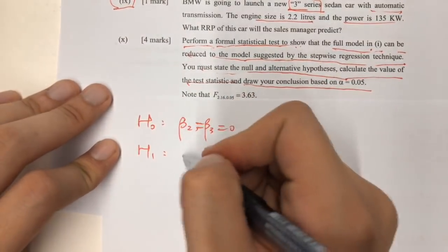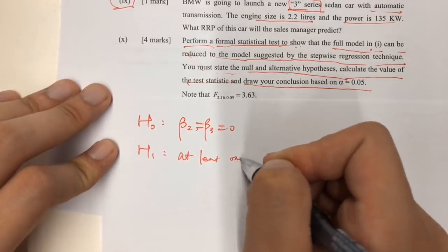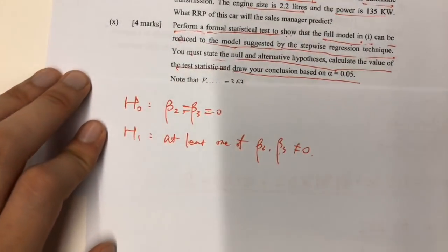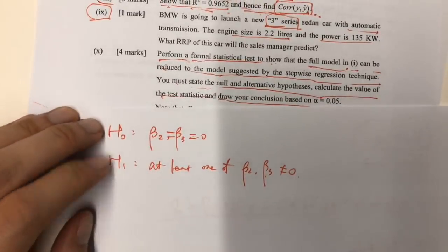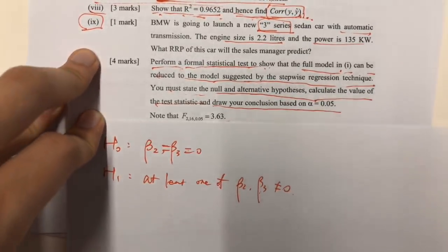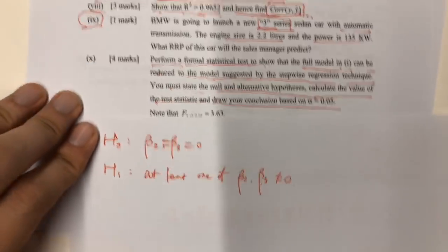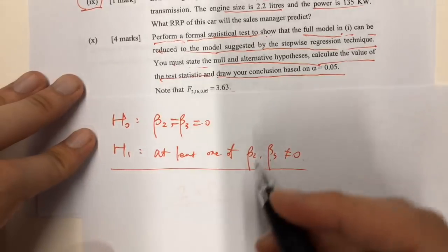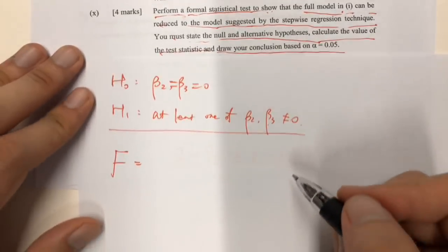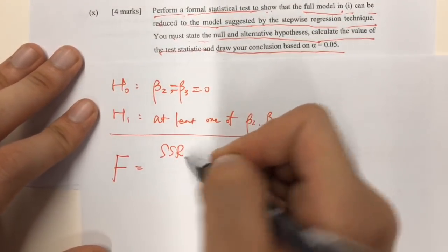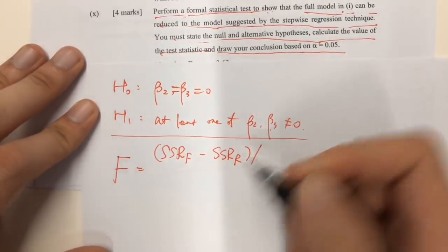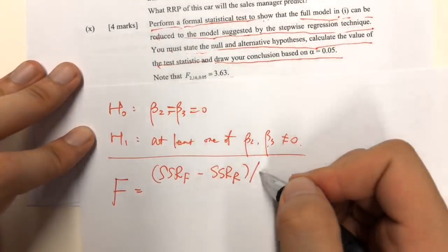And the alternative should be that at least 1 of beta 2 and beta 3 is not equal to 0, okay? So this is the null hypothesis and alternative hypothesis of the partial F test. And the test statistic, as we discussed just now, is actually what? SSR of the full model minus SSR of the reduced model, divided by the number of variables that we removed, which is 2, right?